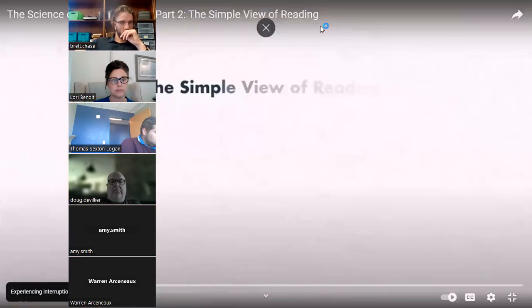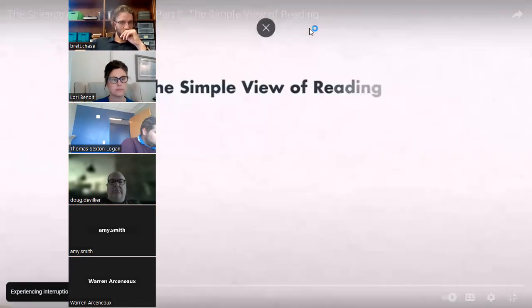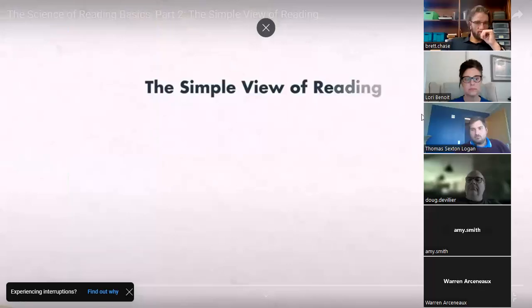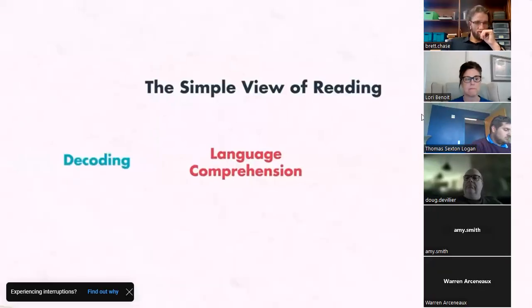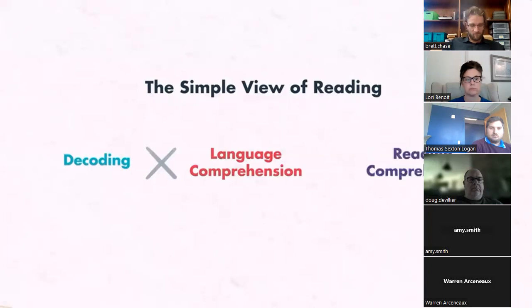In this model, the critical sub-skills of reading are simplified to their essential categories, decoding and language comprehension, and framed as a multiplication equation, with reading comprehension as the product, or goal, on the right side of the equation.